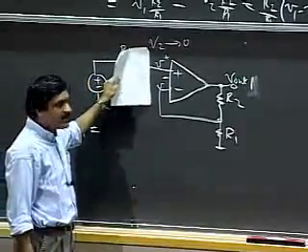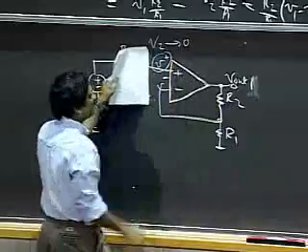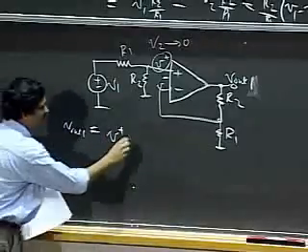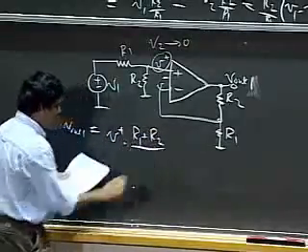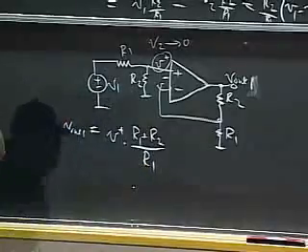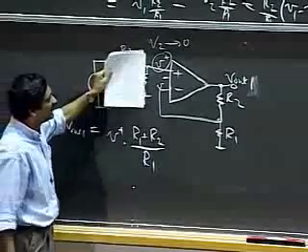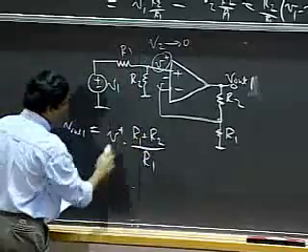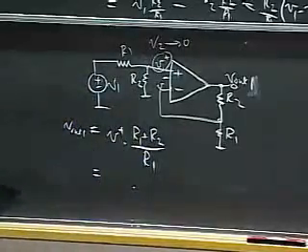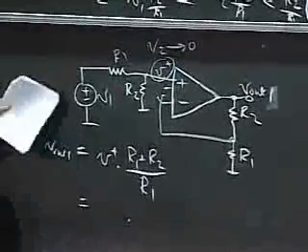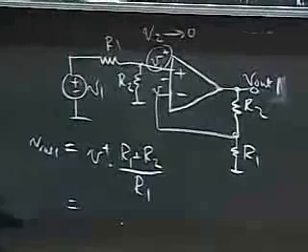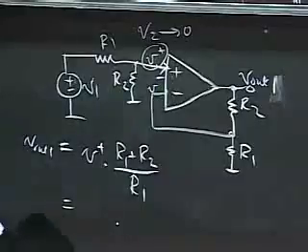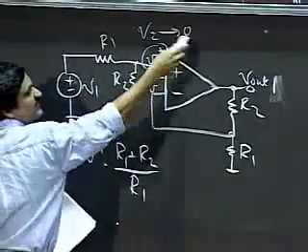From our first lecture, I know that V out 1 relates to V plus in the following way: V out 1 is simply an amplified version of V plus, but the amplification factor is given by R1 plus R2 divided by R1. And I know V plus too. V plus is simply voltage divider action here, and I can take a simple voltage divider because the current going in is 0. Looking in here, it's as if it's an infinite resistance.